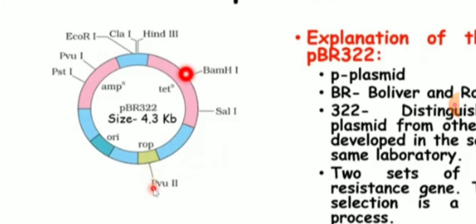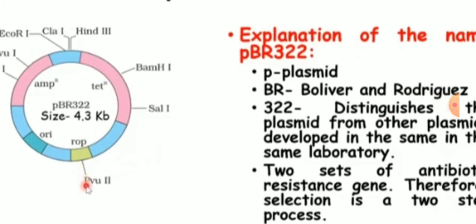It means the power which is present here is absent or inactivated due to the insertion of a foreign gene. When we put the gene of interest here, the power of tetracycline resistance will be lost. This is called insertional inactivation.